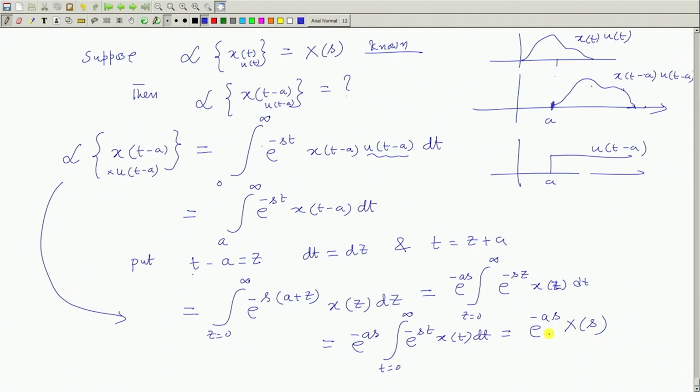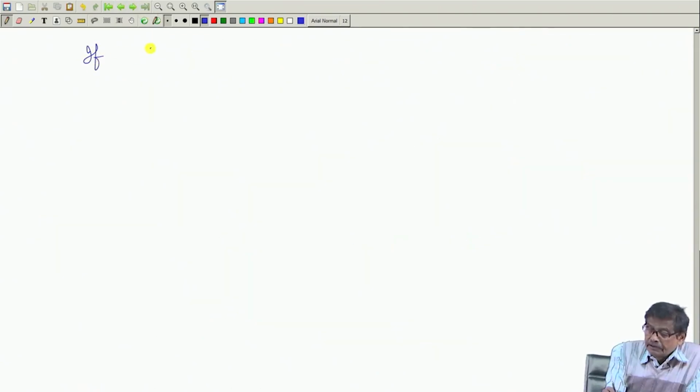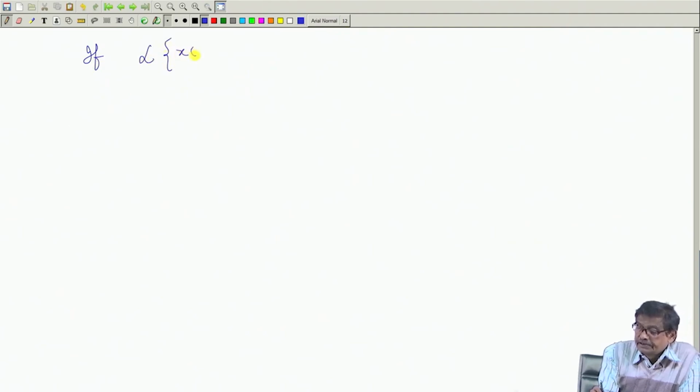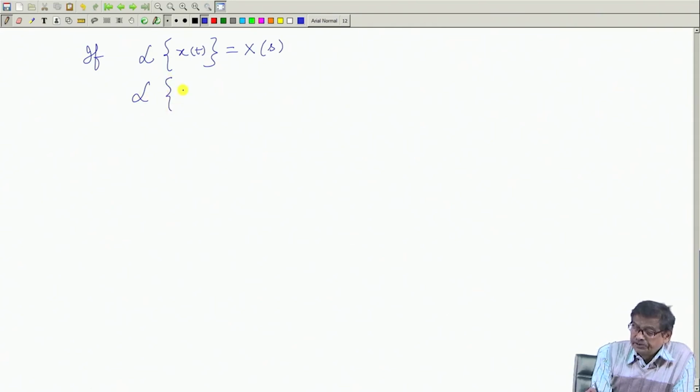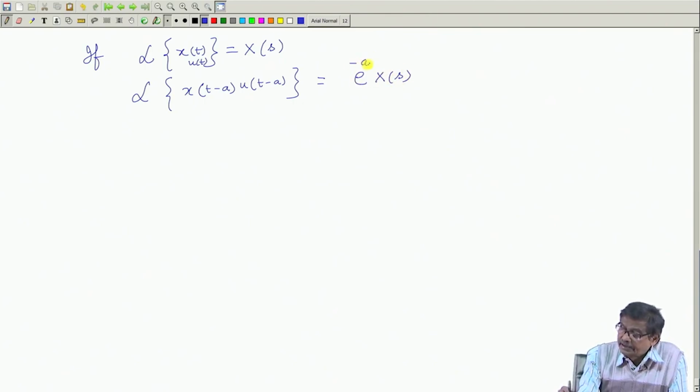Therefore, in general, if the Laplace transform of x(t) is equal to X(s), then the Laplace transform of the shifted function, I mean x(t) into u(t), I should not forget to write that, and the shifted version of it, will have the same X(s), but multiplied by e to the power minus as.